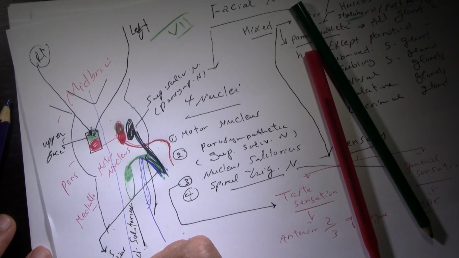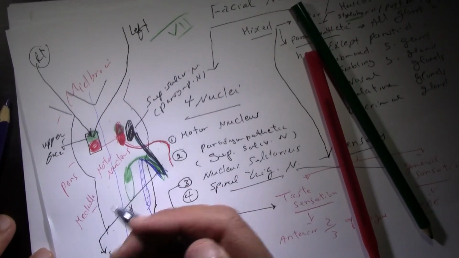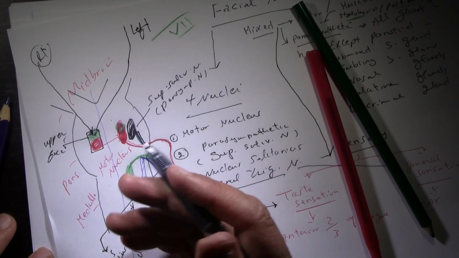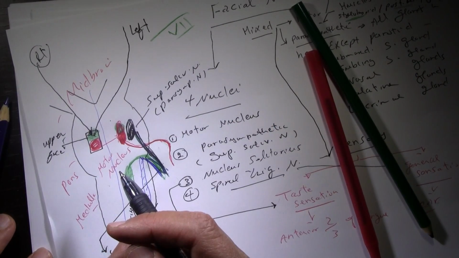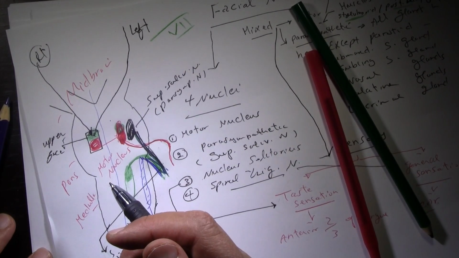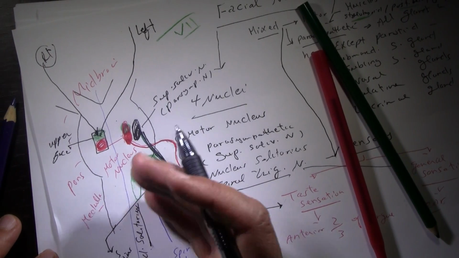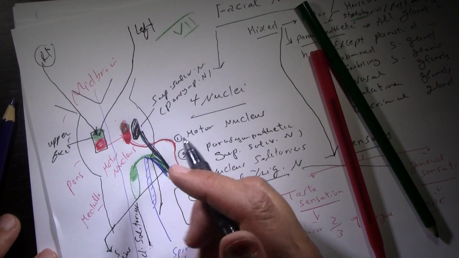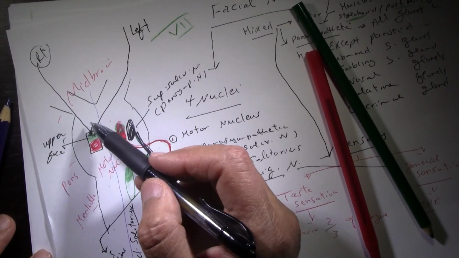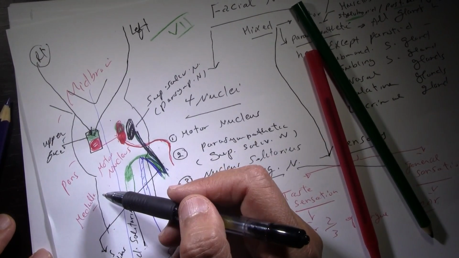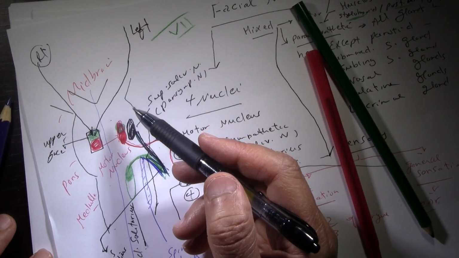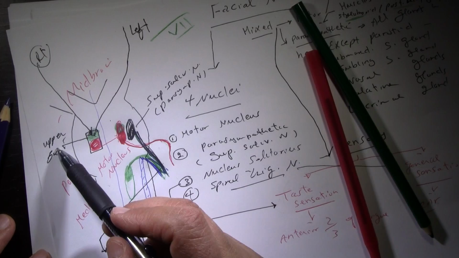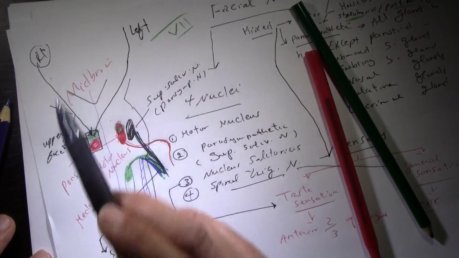If I say muscles of the upper face, give me an example, like orbicularis oculi muscle, okay? This is one of the most important. Frontalis muscle, corrugator supercilii, nasalis. So all these muscles in the upper half of the face, levator labii superioris, etc. So the upper face is controlled by two sides of the brain, right and left.